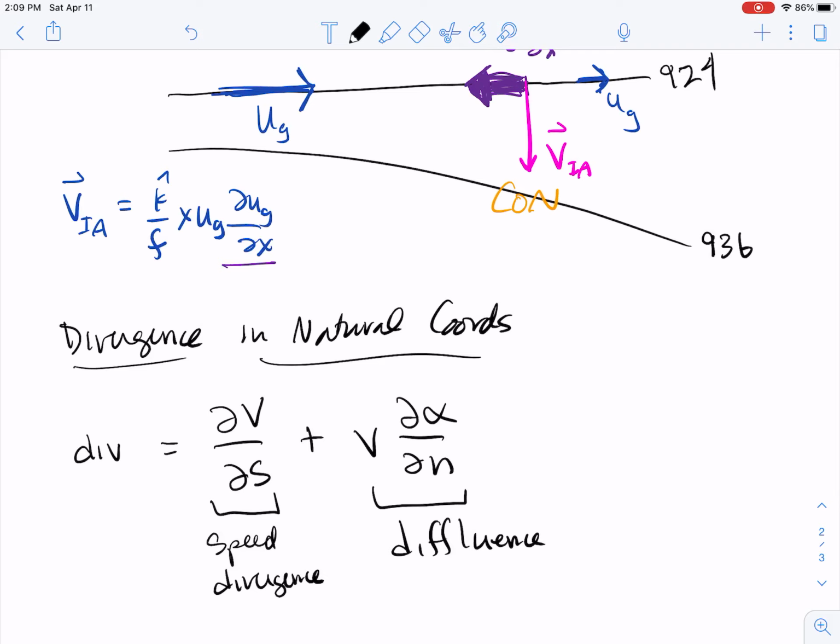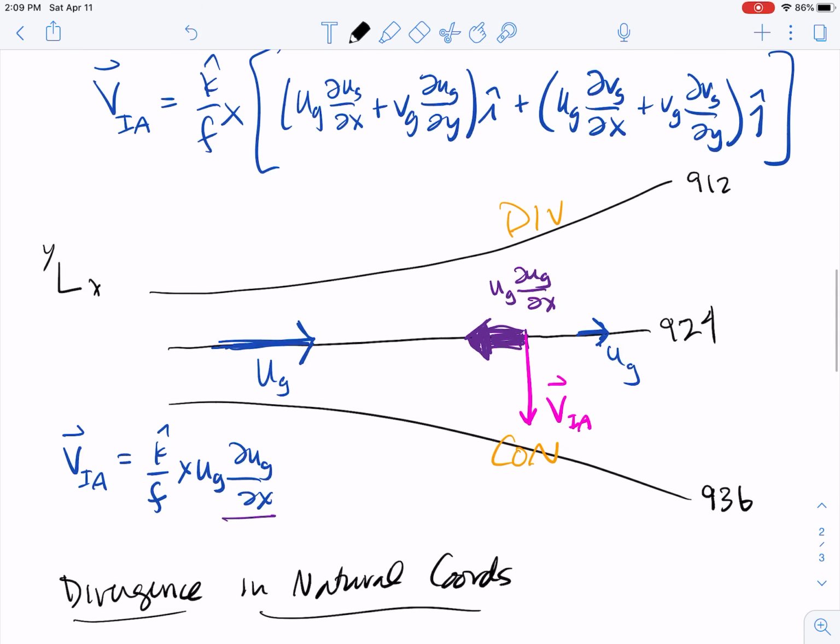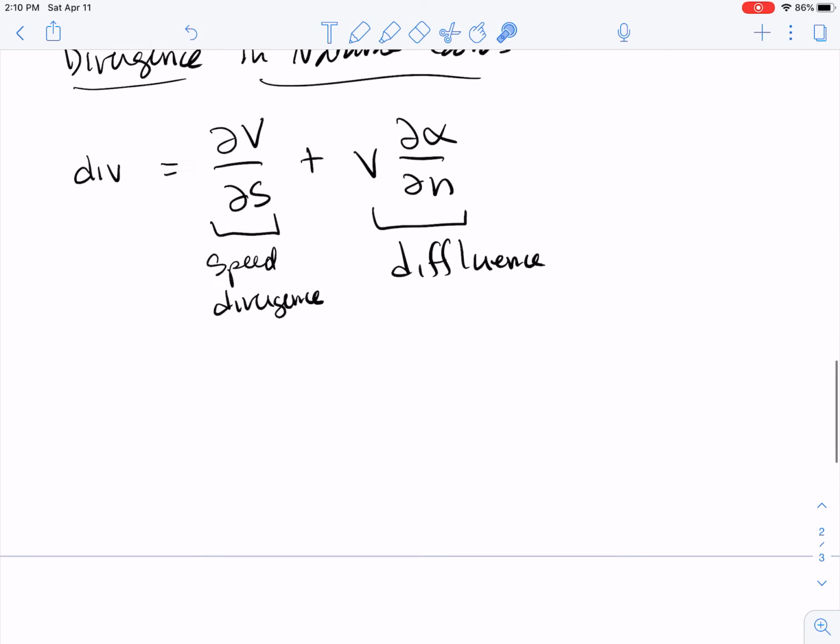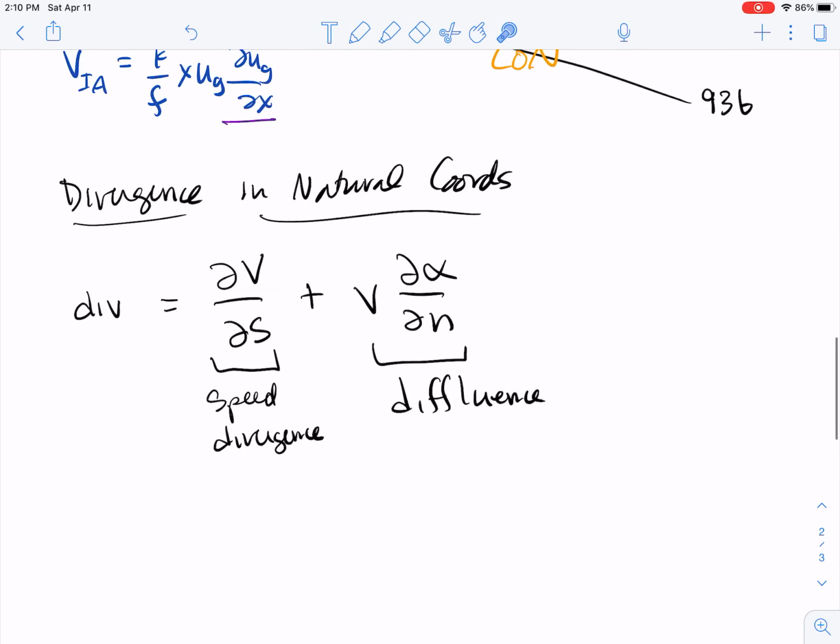In general, we would consider this pattern that we drew up here to be diffluent. Our height lines disperse as we go to the east. Oftentimes, though, we talk about this diffluent pattern as being good for divergence in and of itself. But as we see in natural coordinates, we actually have this speed divergence term that is a part of our overall divergence.